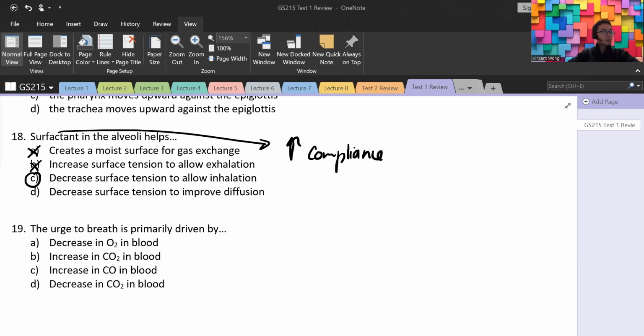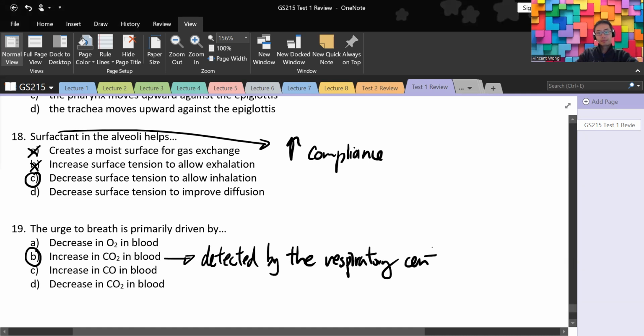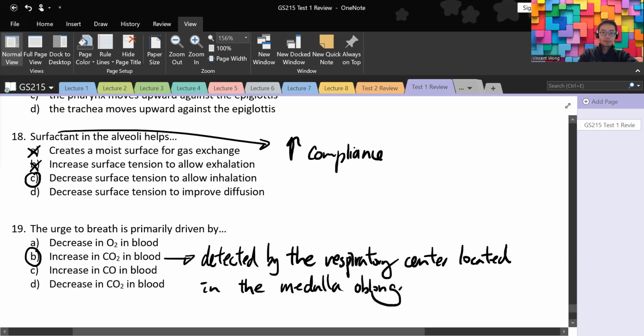Yeah, most of you got it. The urge to breathe is driven by an increase in carbon dioxide, and this is detected by the respiratory center located in the medulla oblongata, the part of the brainstem.